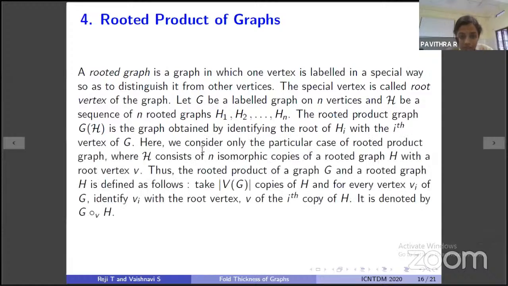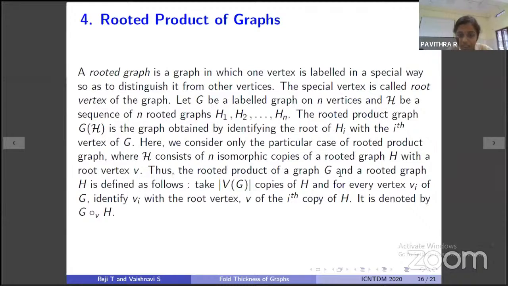Here, we consider only the particular case of rooted product graph where H consists of n isomorphic copies of a rooted graph H with a root vertex V. In the definition, H1, H2, etc., Hn may be different graphs. But in our discussion, we are considering only the special case where H1, H2, etc., Hn are all the same rooted graph.